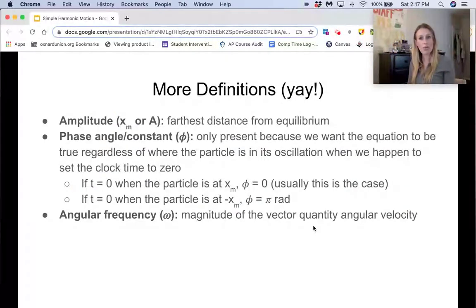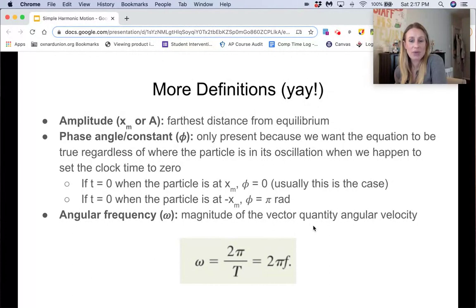Angular frequency, omega. You have seen this term before when we talked about rotational motion. This is the magnitude of the vector quantity of angular velocity. And we know that velocity, when we were talking about circular motion, can be written as displacement over time, or distance over time. In circular motion, that is 2 pi r, the circumference, over the period.